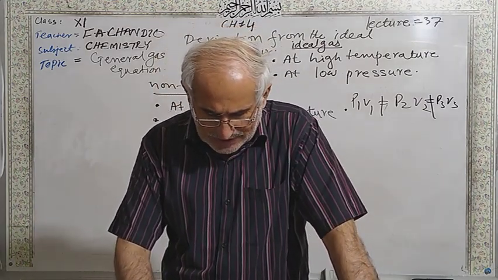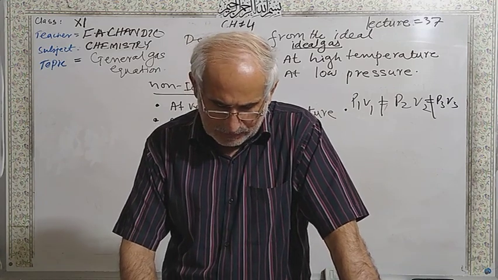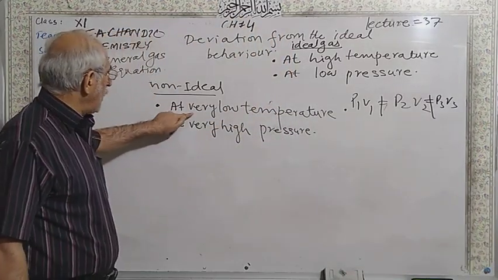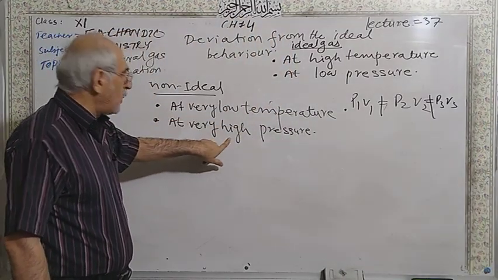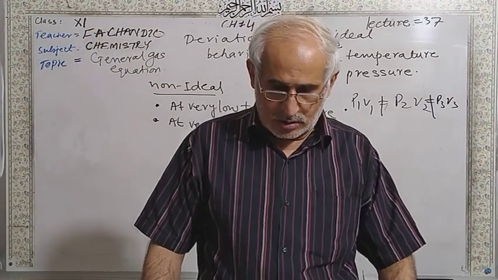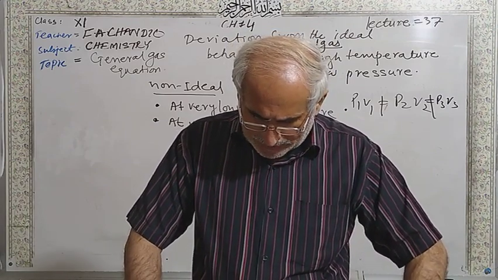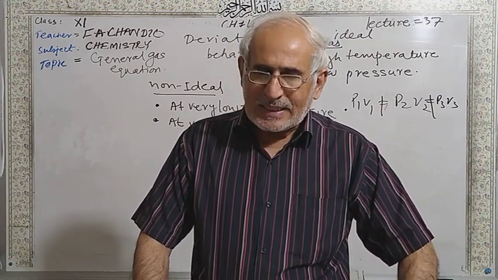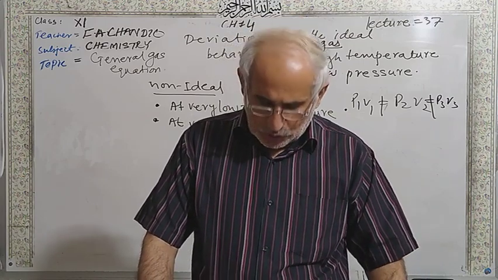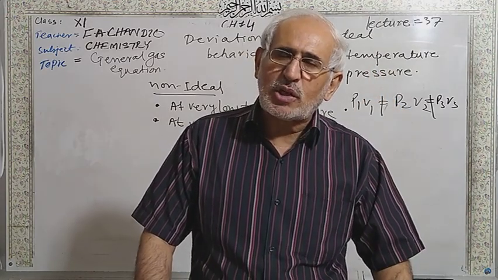An ideal gas obeys gas laws at all temperatures, but especially at very low temperature and very high pressure, a real gas does not obey all the gas laws. Written here, low temperature and high pressure deviations are caused by faulty assumptions in the kinetic molecular theory of gases.